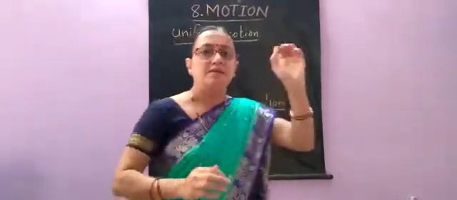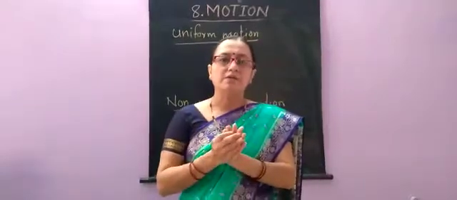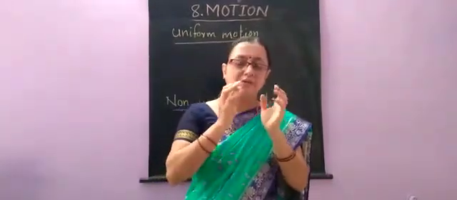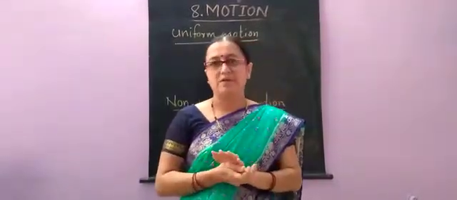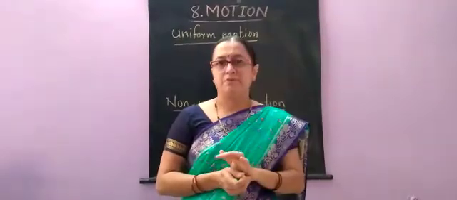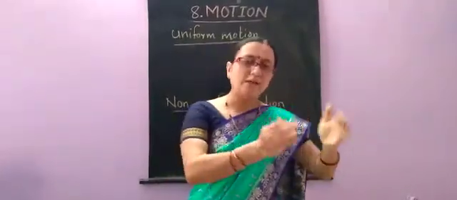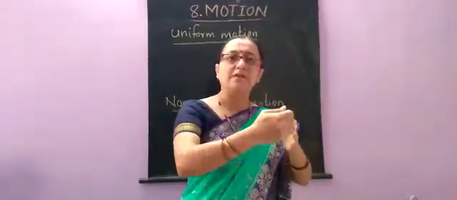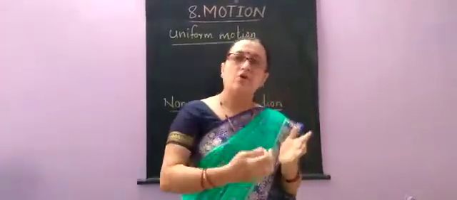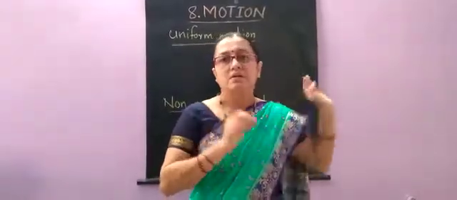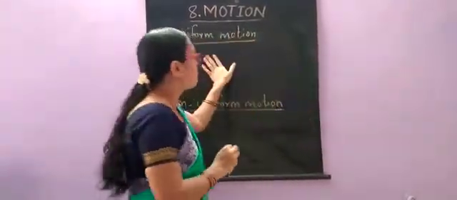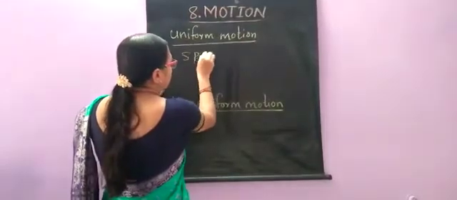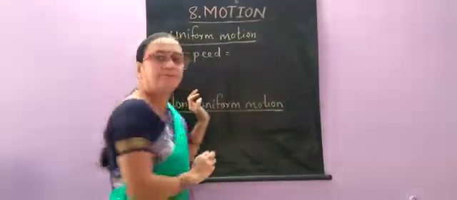Say for example, a car is moving with a speed of 10 kilometers per hour. If it is covering 10 kilometers, 20 kilometers, 30 kilometers per hour, then we call it uniform motion.